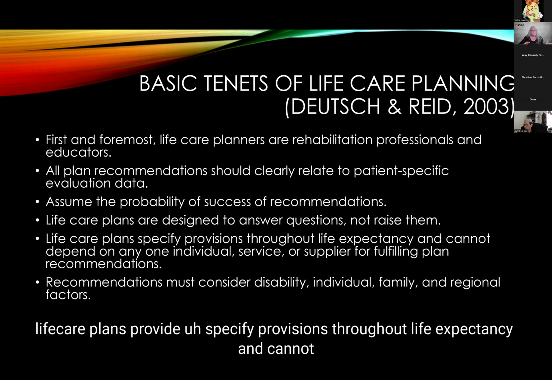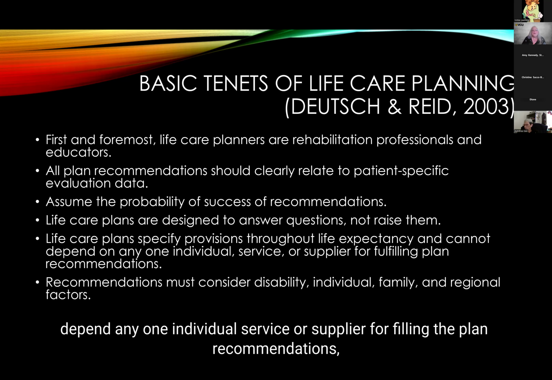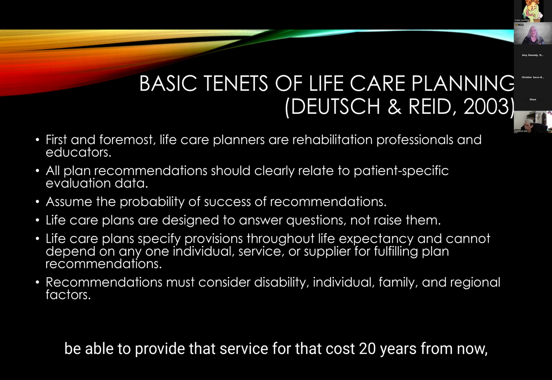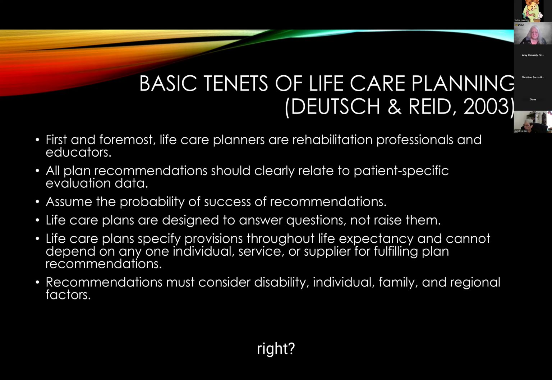Life care plans specify provisions throughout life expectancy and cannot depend on any one individual service or supplier for fulfilling the plan recommendations. So you need to identify multiple suppliers. Why? Well, for one thing, we can't guarantee that that same individual is going to be able to provide that service for that cost 20 years from now, right?